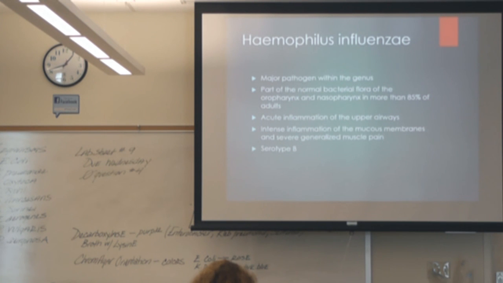Everybody has been through some type of influenza infection and can relate to the symptoms. The other thing is there are encapsulated strains and unencapsulated strains, okay? So that would be another good question.